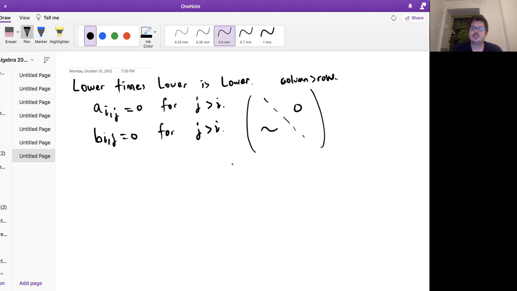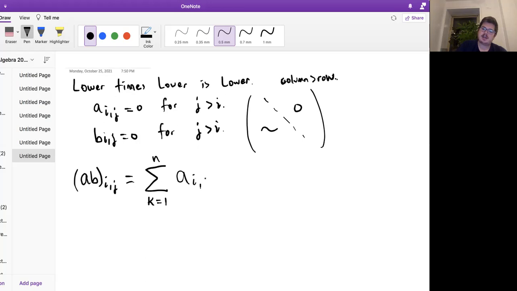Okay, so let's do the same thing. Let's look at the product. (AB)_ij is equal to the sum from k equals 1 to n of A_ik B_kj.